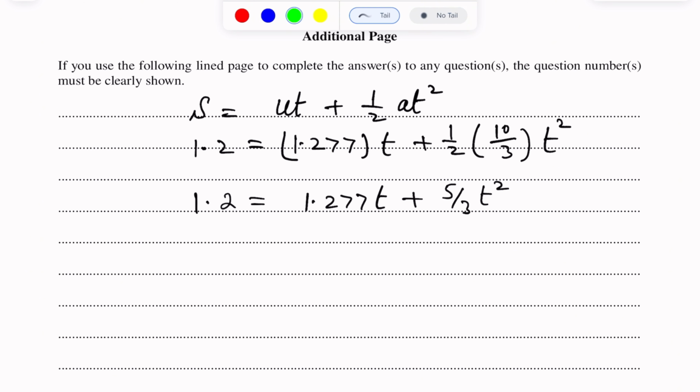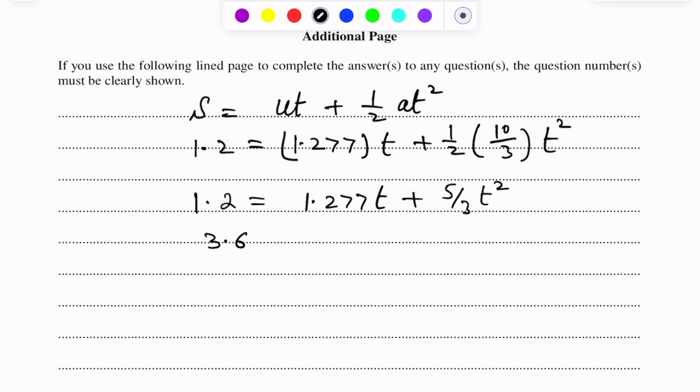Now this is a quadratic equation in t. First we remove this denominator, multiplying the whole equation by 3. To remove this 3 appearing in the denominator of 5 over 3, we will multiply each side by 3.